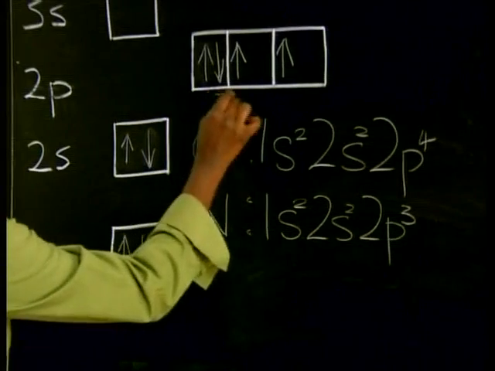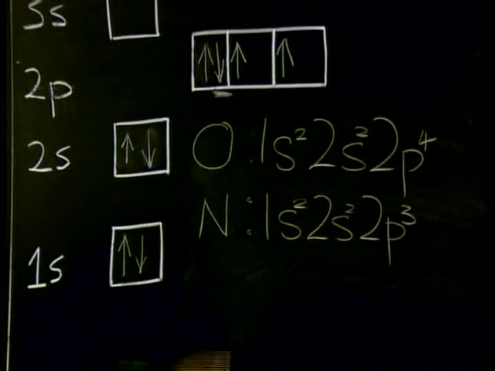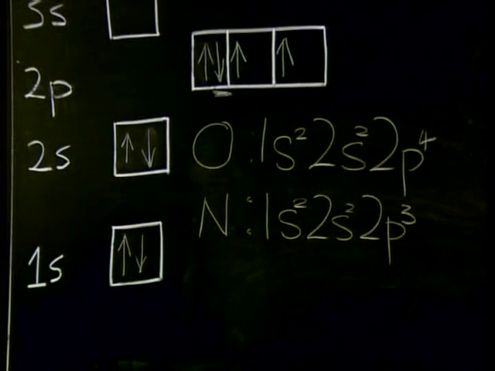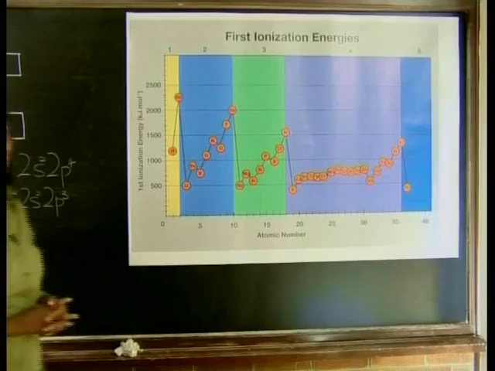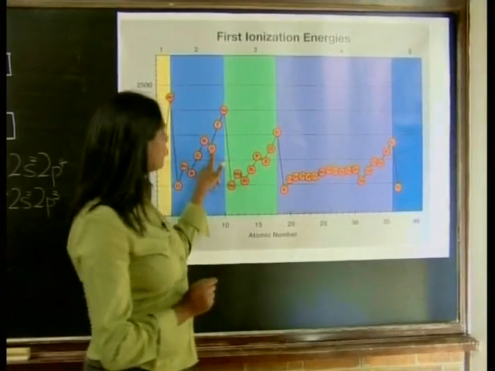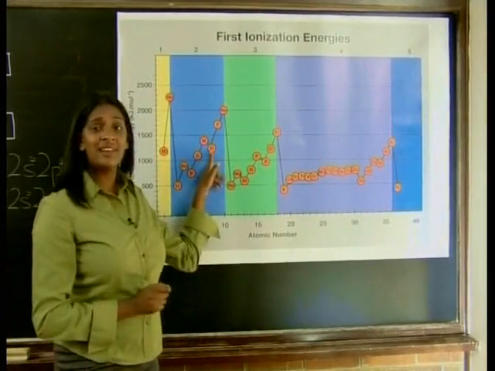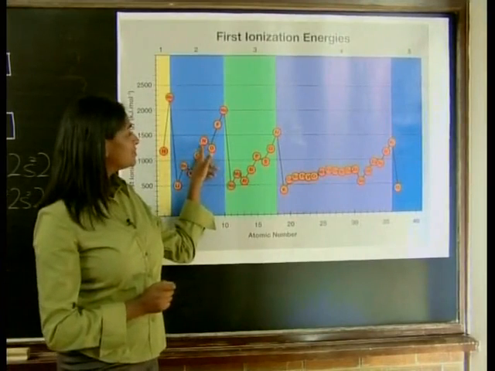This means we have a single pair of electrons in a p orbital. Paired electrons repel each other because they are both negatively charged. In the case of a single pair, this makes it easier to remove the last electron from the atom. This explains why oxygen has a lower first ionization energy than nitrogen.